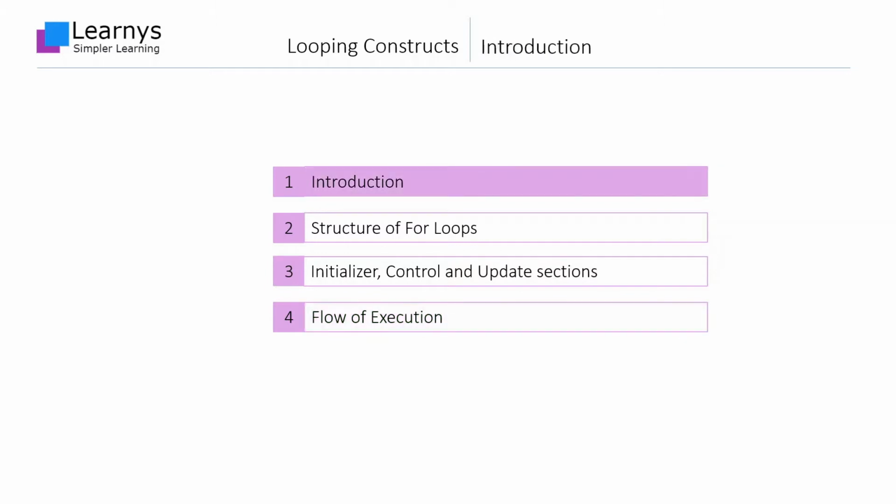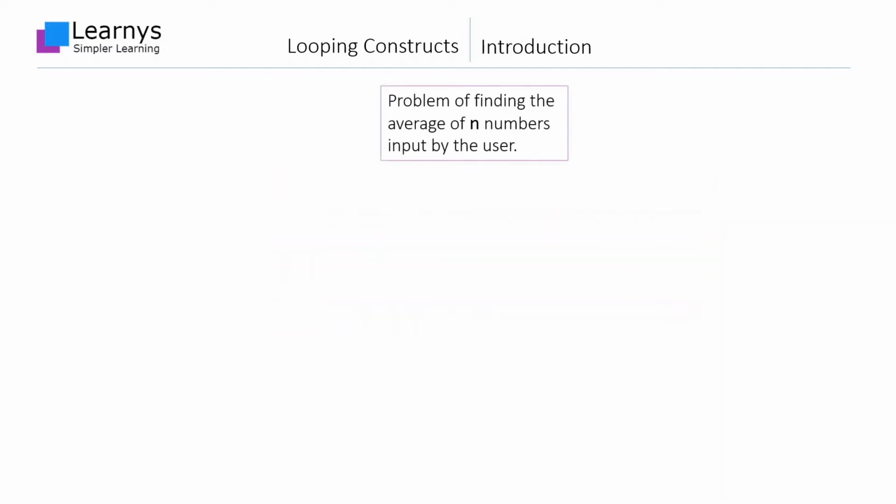Let us start with setting the context for the usage of looping constructs. In general, in many programming situations, you need to execute a block of statements repeatedly for a certain number of times or until you get the desired result. Consider the problem of finding the average of n numbers input by the user.